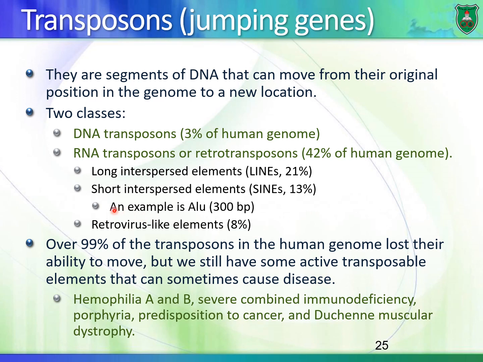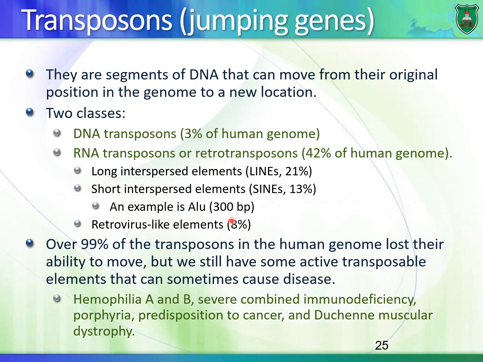A great example of SINEs is something known as an ALU sequence, and it's known as ALU because it can be cut by a restriction endonuclease known as ALU. The size of ALU is about 300 base pairs, and it's the most common SINE in our genome.